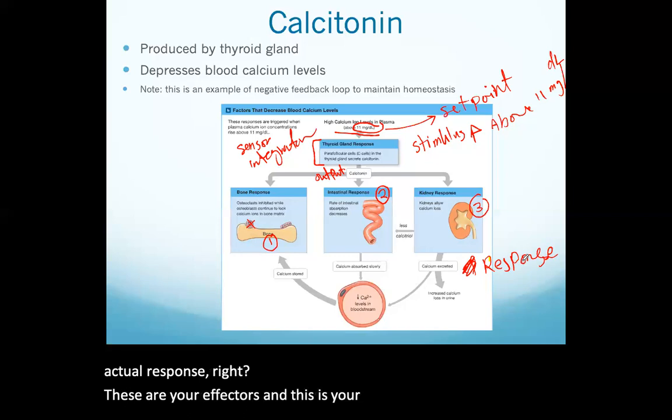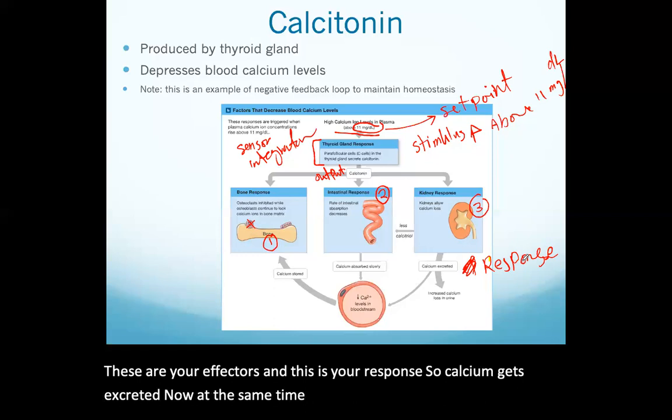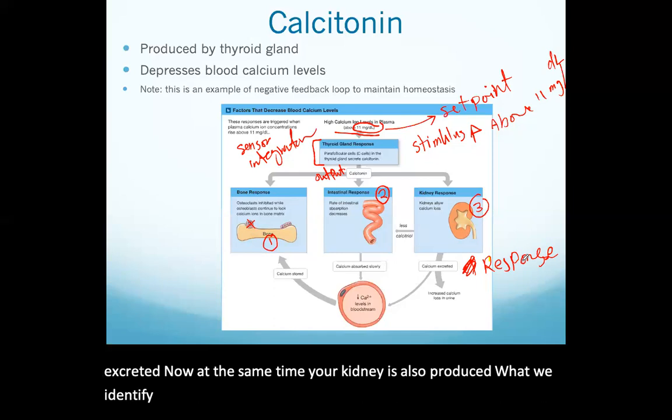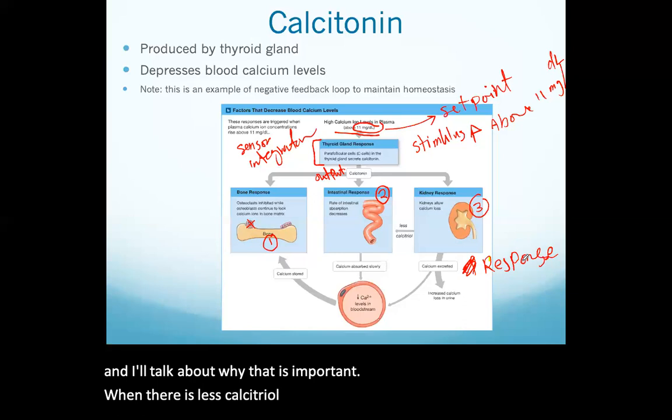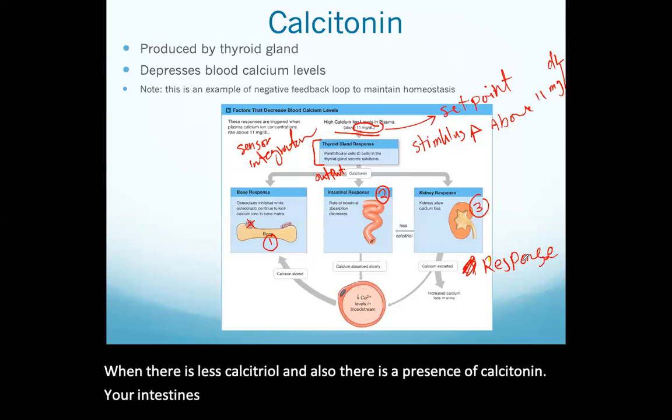So calcium gets excreted. Now at the same time, your kidney also produces less of what we identify as calcitriol. And I'll talk about why that is important. When there is less calcitriol, and also there is a presence of calcitonin, your intestines says, I am not going to absorb as much calcium from my digestive system.